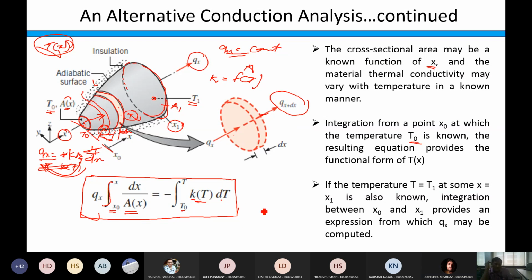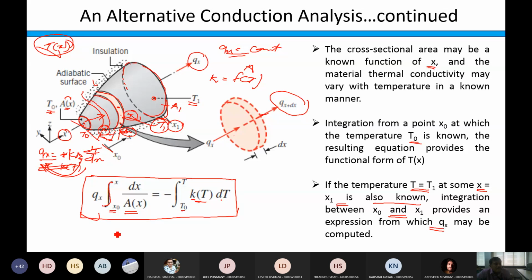Now, this is one part, that you can find out the temperature distribution at any known location x. Now, if the temperature T equal to T1 at some distance x equal to x1 is known, then integrating this equation from x0 to x1 will provide me the expression for qx.